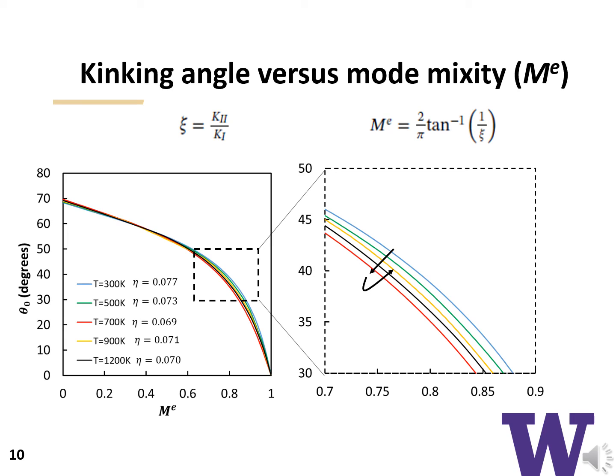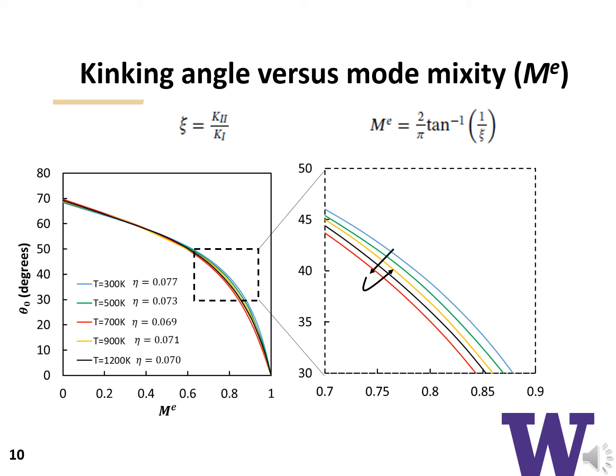With this knowledge, we next look into kinking angle versus mode mixity. Kinking is when the propagating fracture deviates from its path and in this case moves from the interface into one of the materials, that is SiO2 or SiC. The strong bond at SiC-SiO2 interface leads to kinking of the interface crack under mixed mode loading conditions.